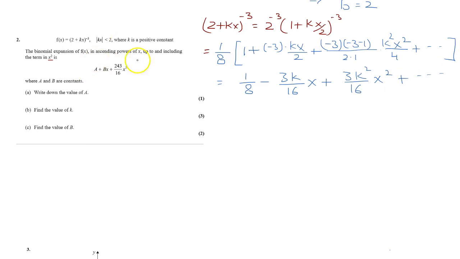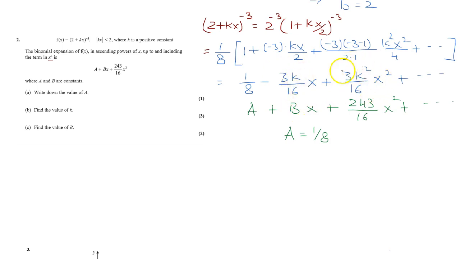Now we compare with this: a plus bx plus 243 over 16 x squared plus. What we are getting is a is equal to 1 over 8, and b is equal to minus 3k over 16.